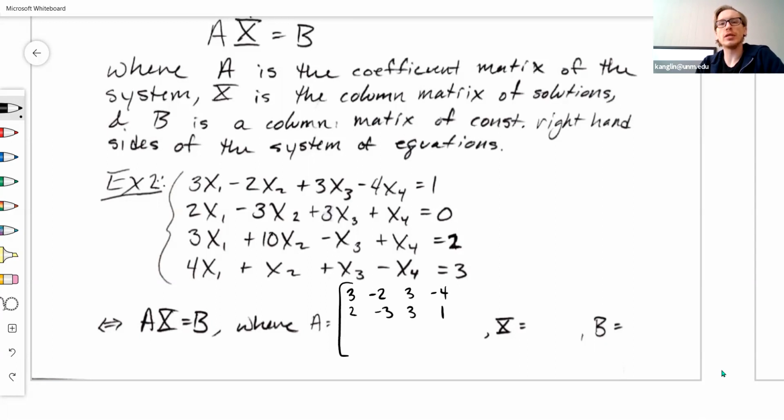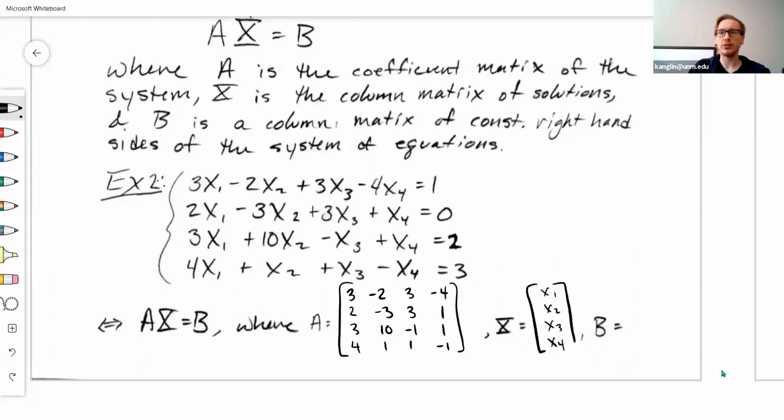Everything's in order, so I'm just copying them all down. There we go. And the X is just a column full of your unknowns, x1, x2, x3, and in this case, we only have 4 of them. We stop at x4. And the B is the column of these right-hand sides, 1, 0, 2, 3.